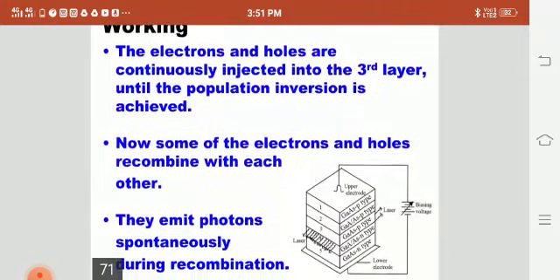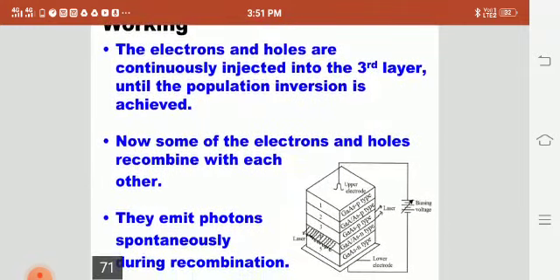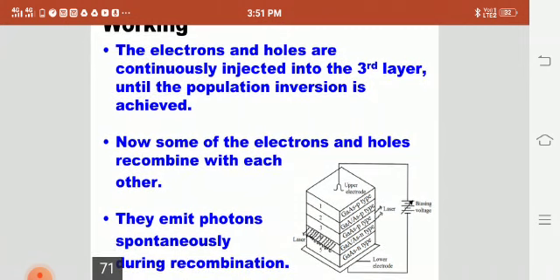The electrons and holes are continuously injected into the third layer until population inversion is achieved, where the number of atoms in the higher energy level, that is the excited level, is greater than the number of atoms in the lower level. That is called population inversion. Population inversion is necessarily needed for laser production.